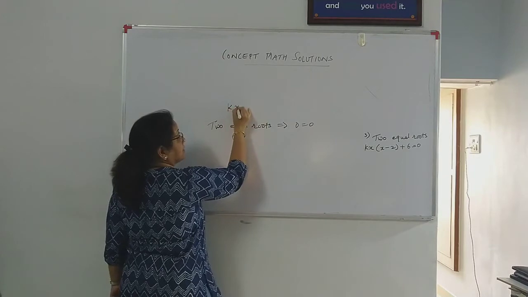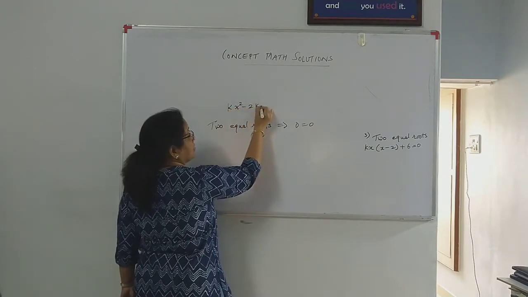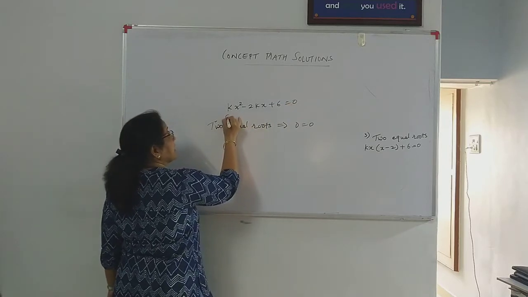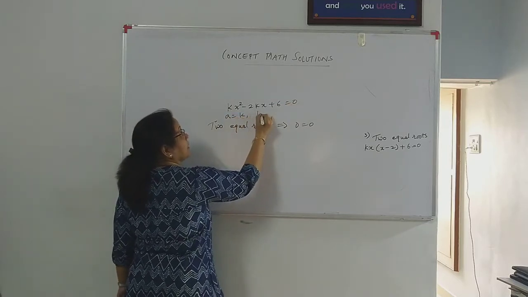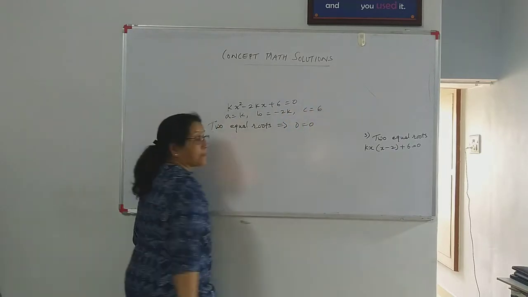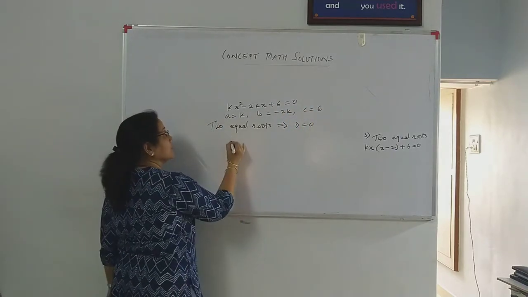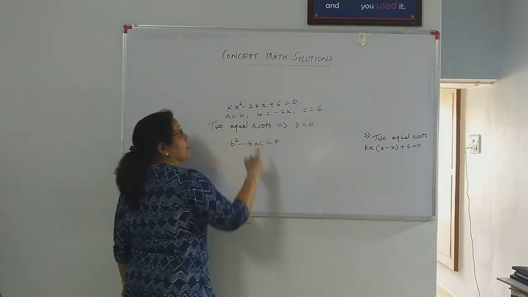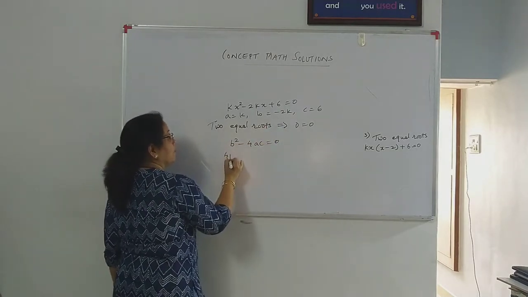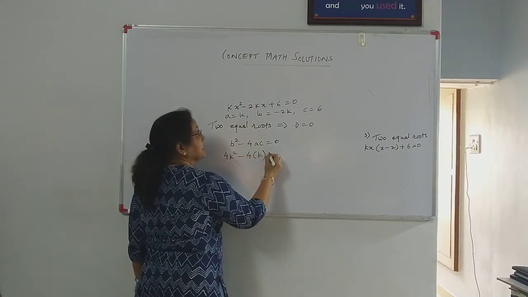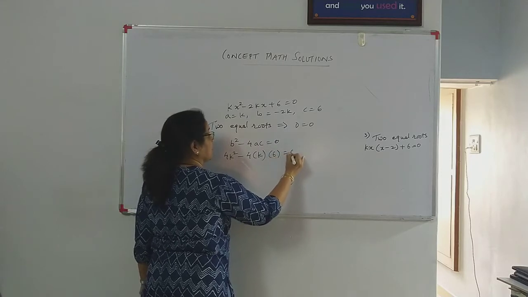So kx square minus 2kx plus 6 equal to 0. You understand a is k, b is minus 2k and c is 6. Now D equal to 0, that means b square minus 4ac equal to 0. b square would be 4k square, minus 4 times a, which is k, times c, which is 6, equal to 0.